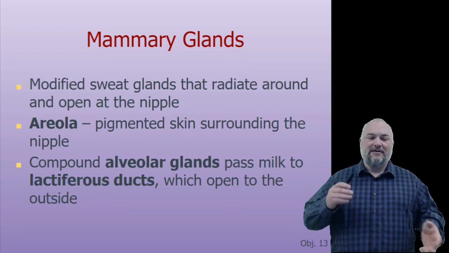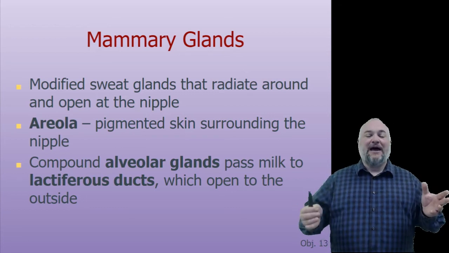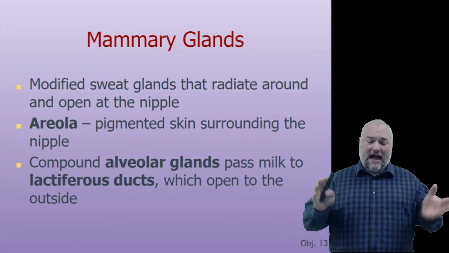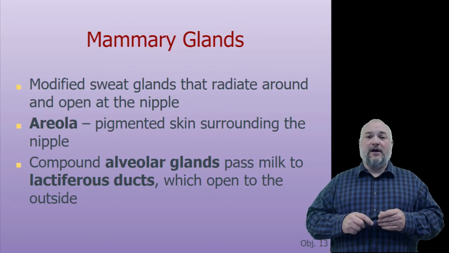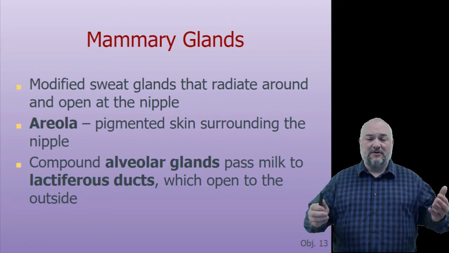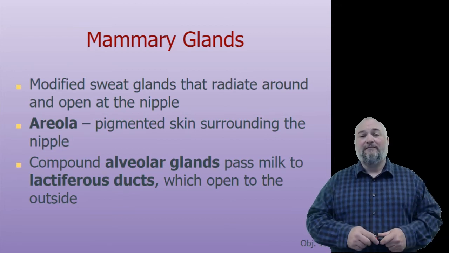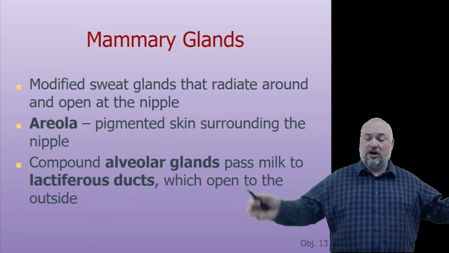And over time, that back and forth of evolution, the sweat glands started producing more nutrients, becoming more concentrated in a certain area, to the point where infants in the mammal species rely pretty much solely on mammary secretions or milk for nourishment for the first chunk of time of their life.